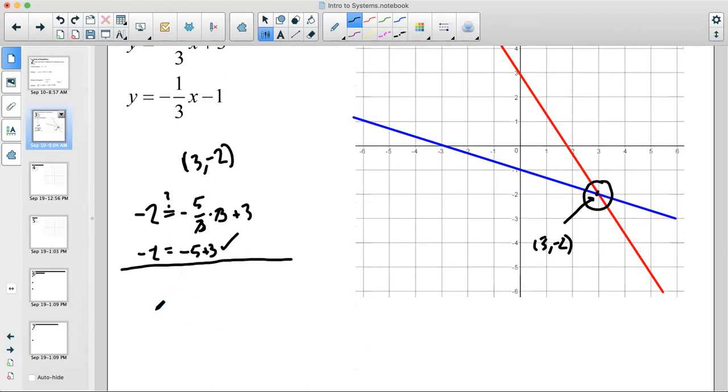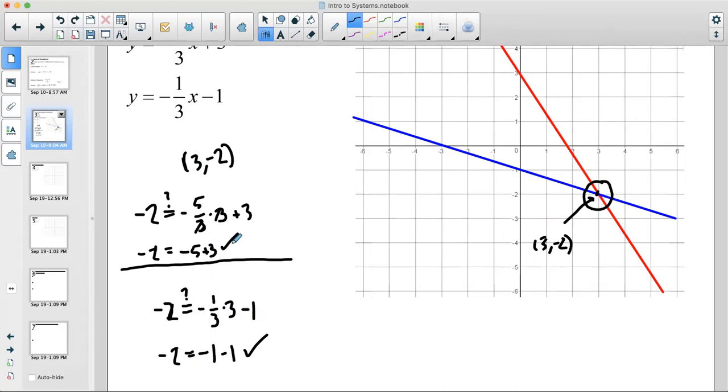The y is still -2, and we're not sure, so I put a question mark. Then we have -1/3 multiplied by the x value, which was 3, minus 1. So -1/3 times 3 is -1, minus 1, and that is -2, so it works.